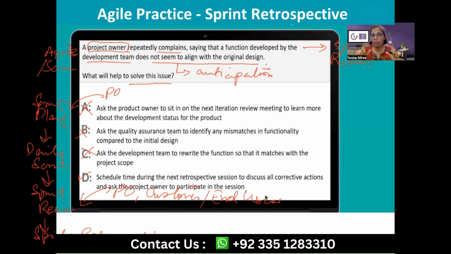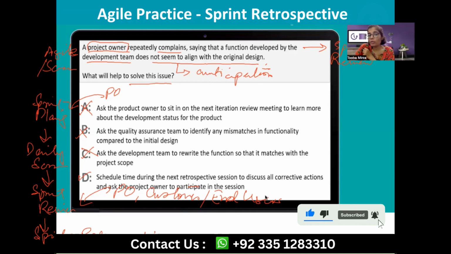Currently, they are not saying it right away, but you need to understand this is how the questions are perceived in the exam. In this use case, in the question, you need to understand in which session all of this is happening. It's happening in the review meeting. How do I know this?